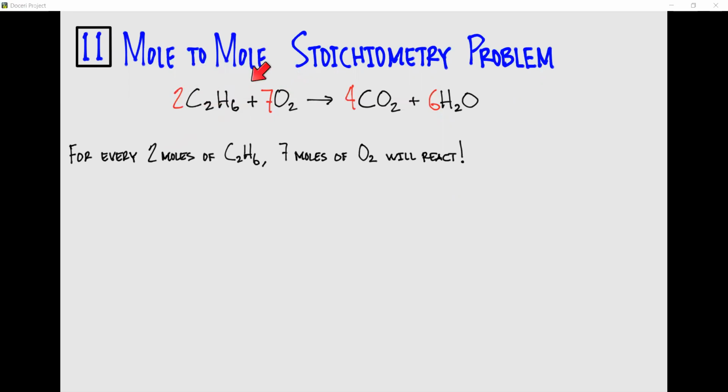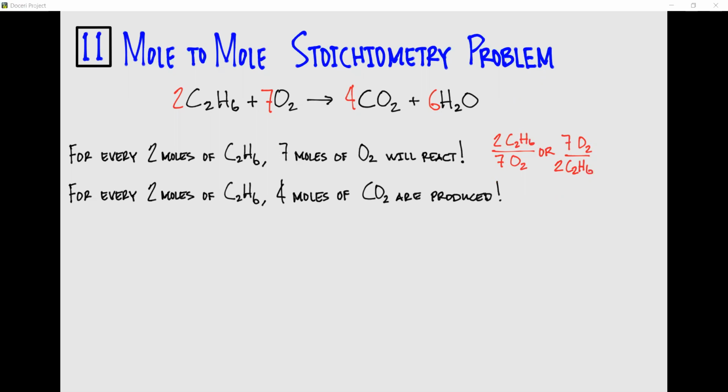Okay, so in that ratio, 2 to 7. So the ratio is 2 to 7 between ethane and oxygen gas, or you can reverse this, 7 oxygen gas to 2 C2H6. Okay, so you can turn it into a fraction either way, doesn't matter.